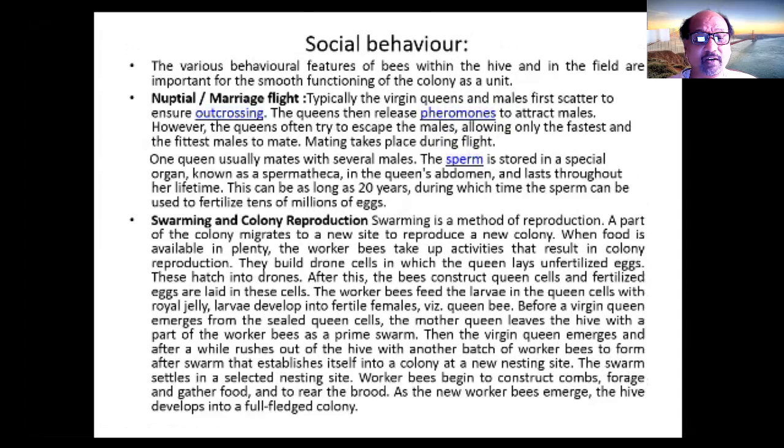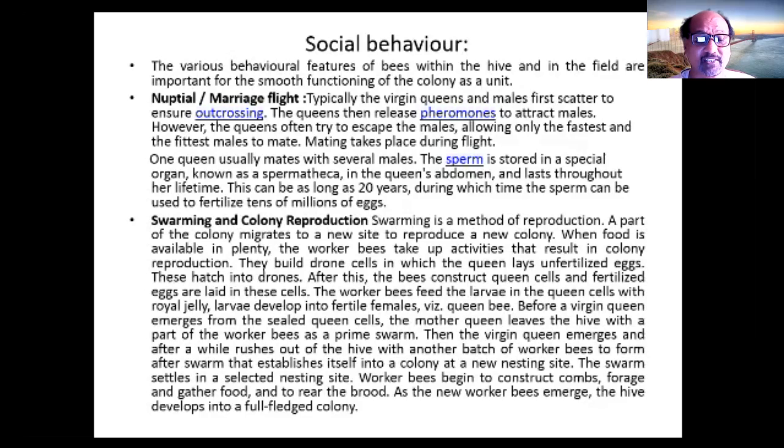Before a virgin queen emerges from the sealed queen cells, the mother queen leaves the hive with a part of the worker bees as a prime swarm. Then the virgin queen emerges, and after a while rushes out of the hive with another batch of worker bees to form the after swarm, which establishes a new colony at a new nesting site.